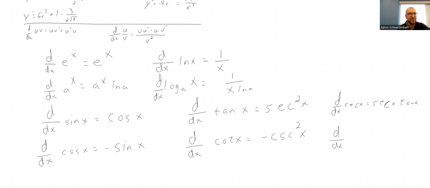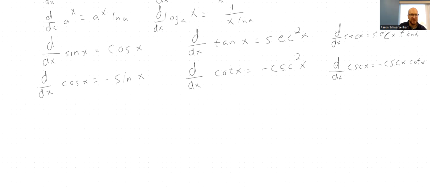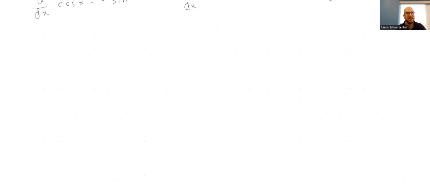That can also be done with the quotient rule with just 1 over cosine. Okay. There's all of those derivatives. Now you just have to use them. I don't have room to leave them all on here, but you have them all right in front of you in your packet.